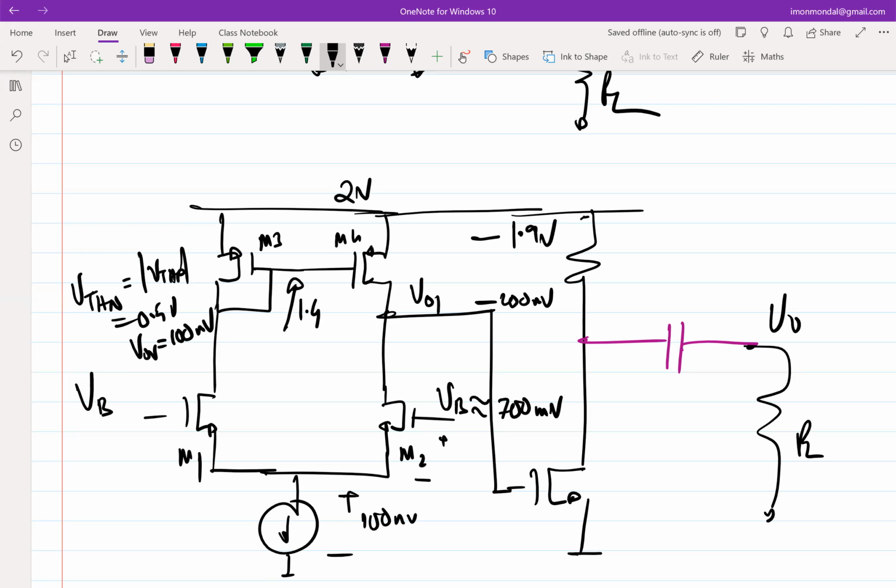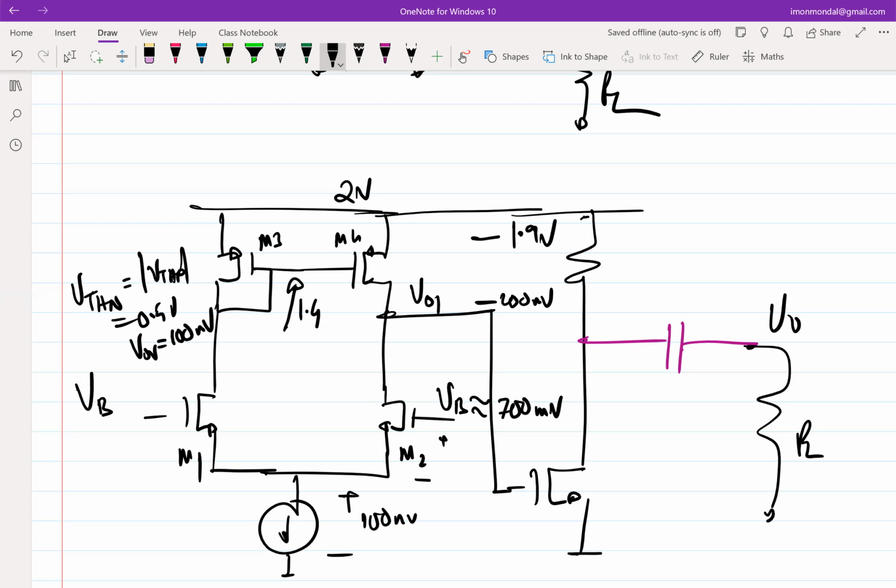Okay. So now let's say your application demands biasing at the output stage, right? Which demands this voltage to be of the order of 1 volt or so.